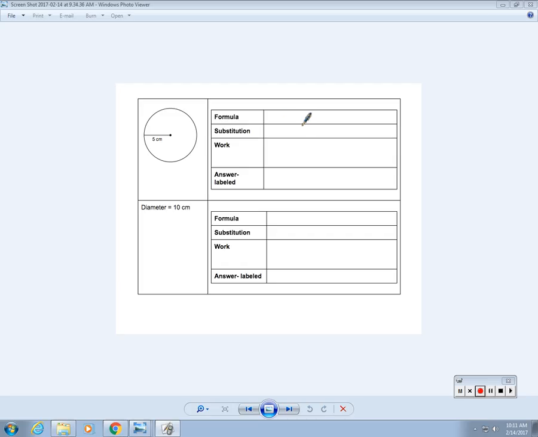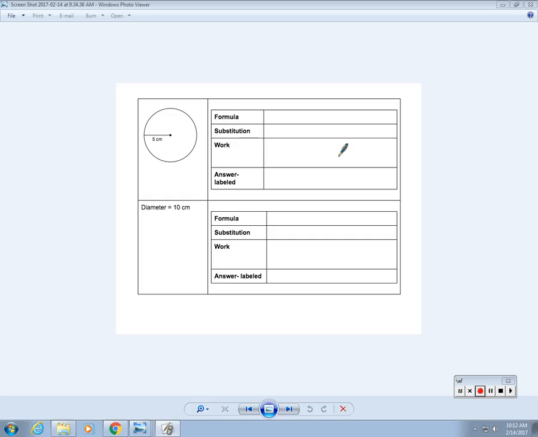C equals 2 pi r. Allie, what's our substitution line? C equals 2 times 3.14 times 5. And 2 times 3.14 is 6.28.